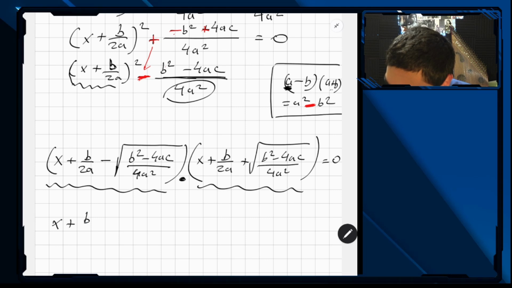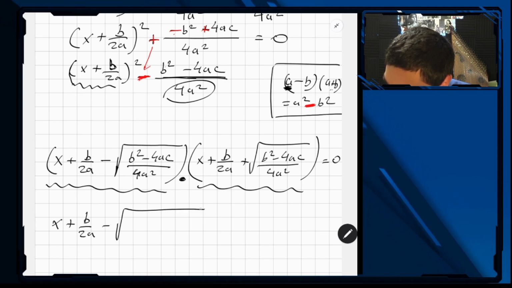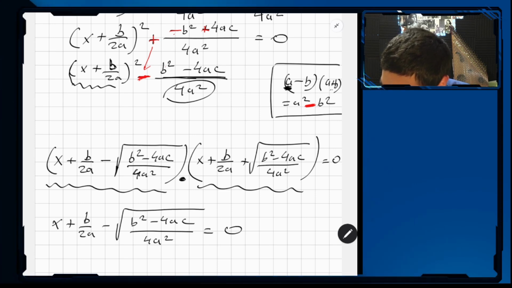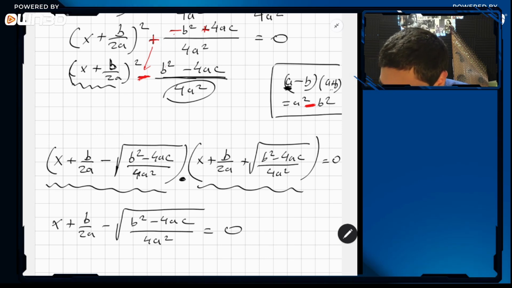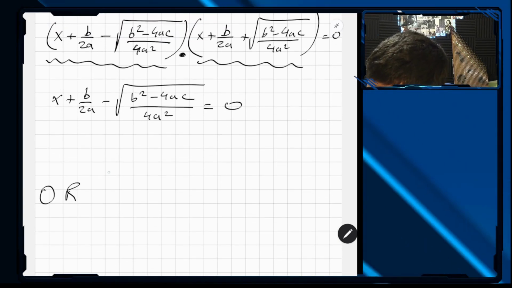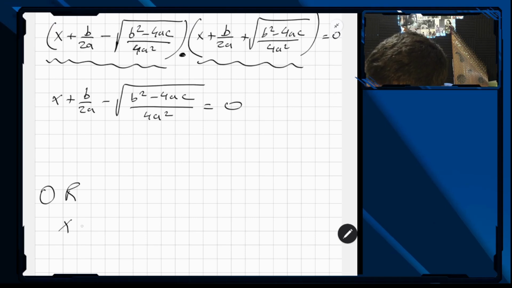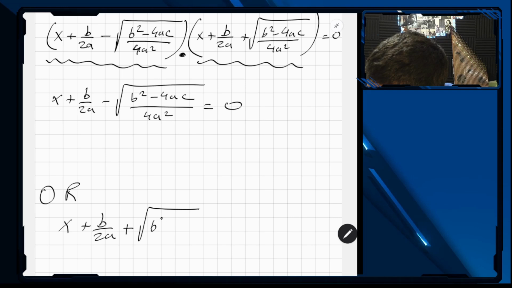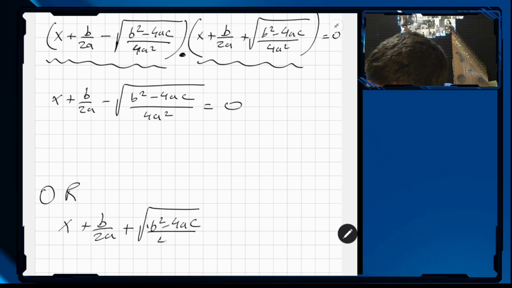x plus b over 2a minus the square root of b squared minus 4ac over 4a squared is equal to 0. Or, I'm just going to put them under each other to give myself space, x plus b over 2a plus the square root of b squared minus 4ac over 4a squared is equal to 0.